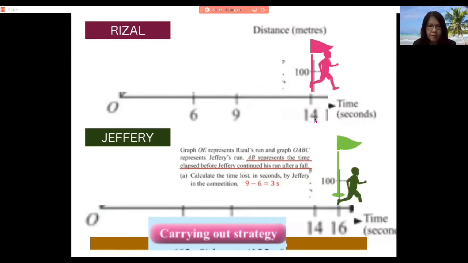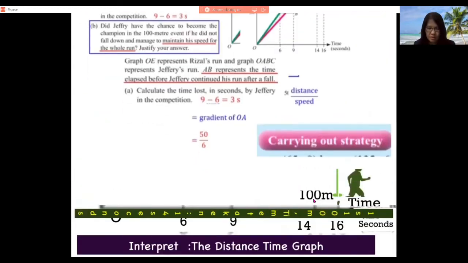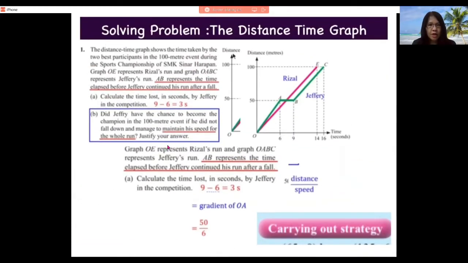Let's proceed. Now we want to carry out the strategy. We need to do some calculation. We want to calculate the time taken by Jeffrey if he did not fall down. The time taken is 6 seconds, and the speed is given by distance, 50 meters, over 6.